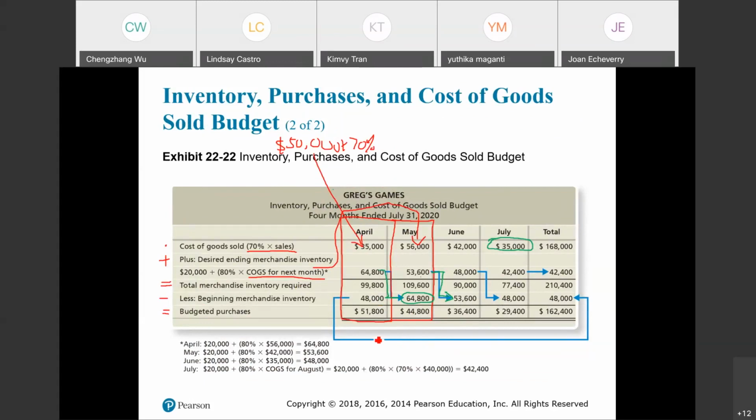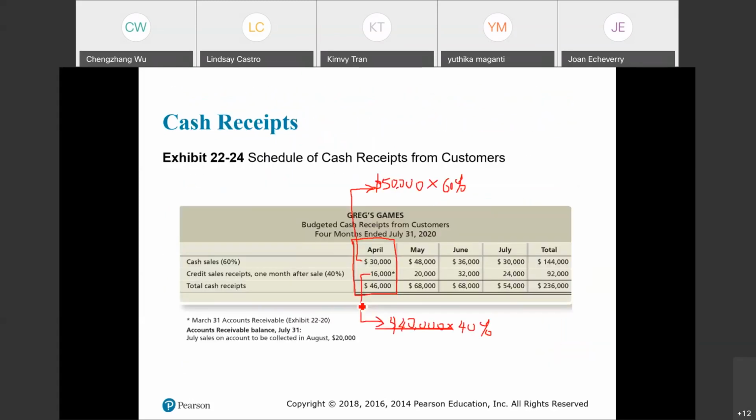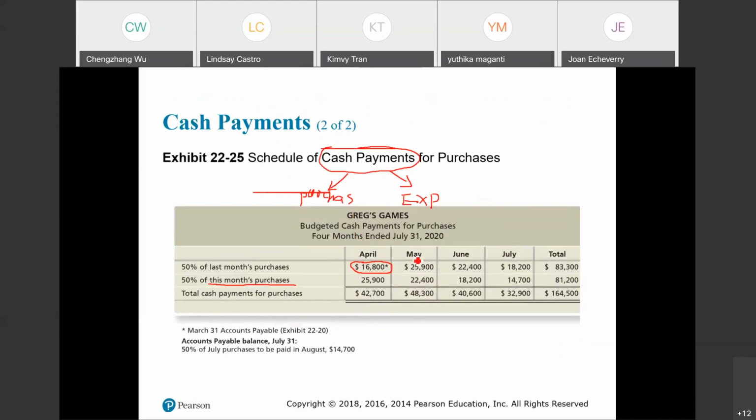Half of April's budgeted purchase is this amount. So 50% of last month's purchase plus 50% of this month's purchase equals the cash outflow in April.